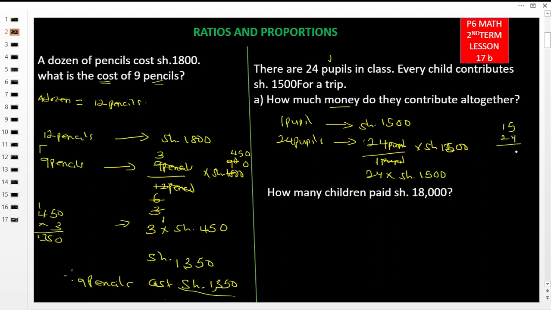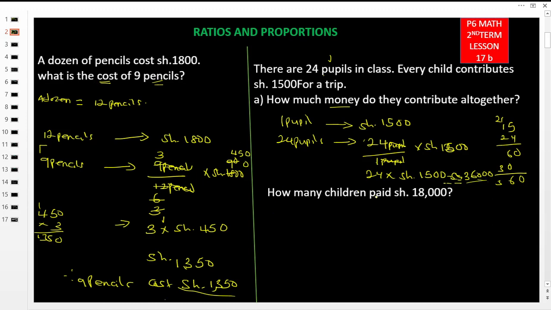Now 4 times this one is 20, we put here 4 times this one, 4 plus this one is 6, this is a 10, and this is 2, then a 3. Then on adding we have 0, 6 and 3. So this is giving us 360. We bring our zeros 1 2 3. So they contributed 36,000 shillings. Abana bonna abiri mu bana.